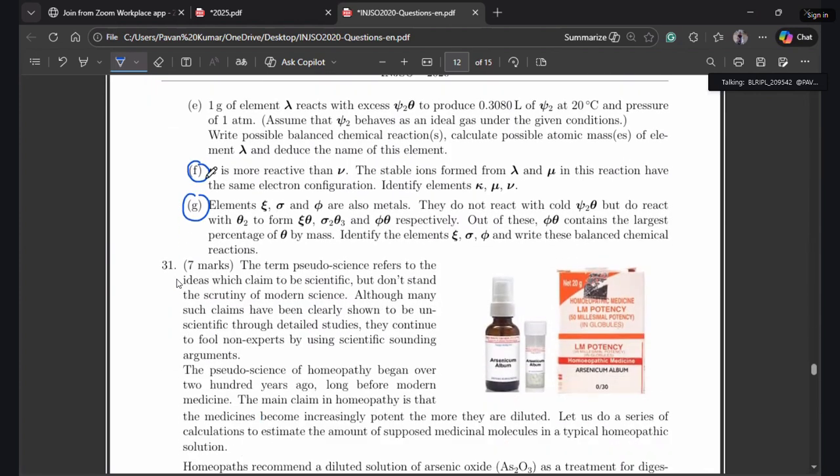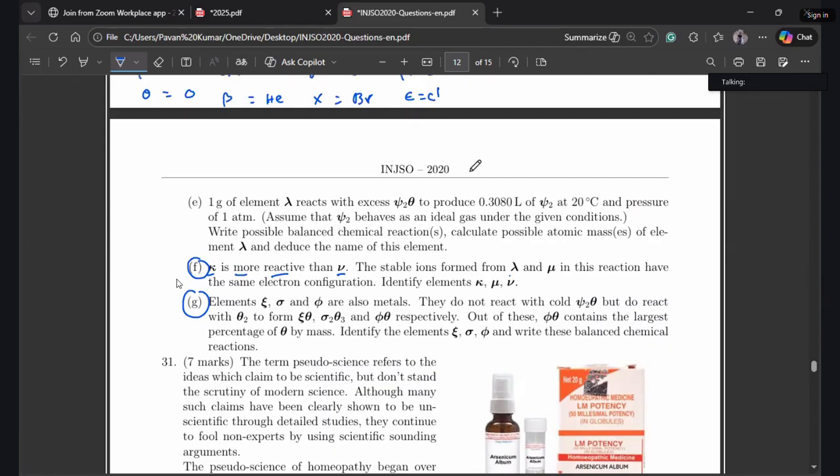Next, coming to the F. They said this is kappa. We can consider K is more reactive than nu. The stable ions formed by lambda and mu. Lambda and mu means again I need the concept of this. For this particular concept, I am giving the answer because we didn't discuss this particular question.